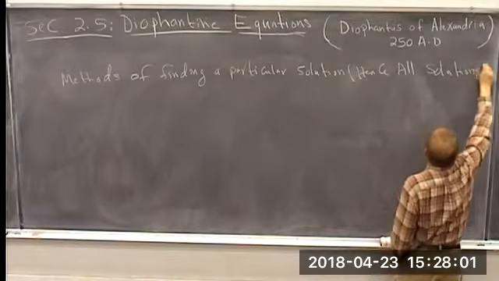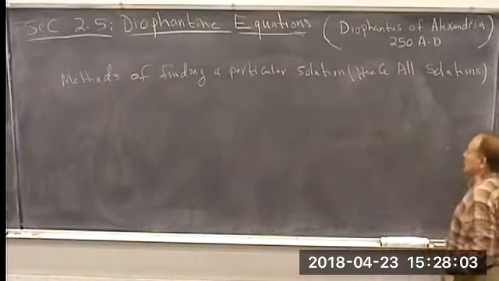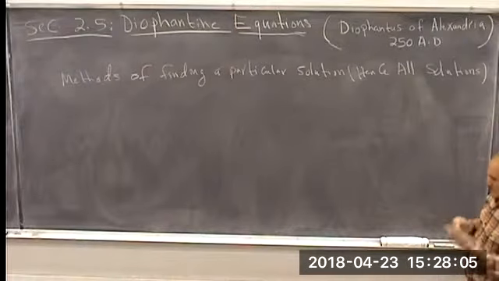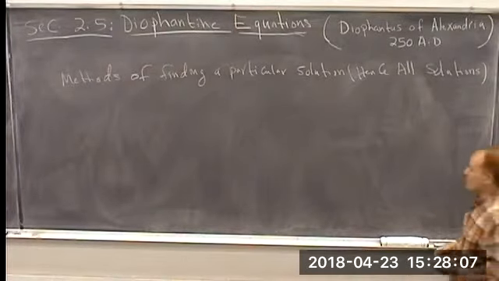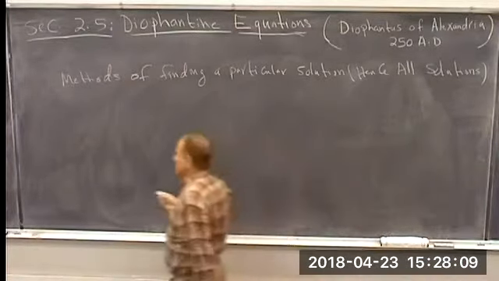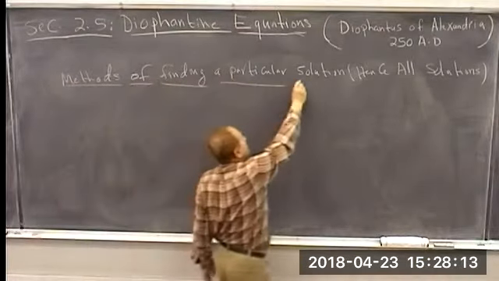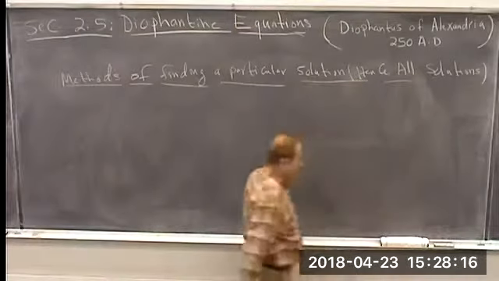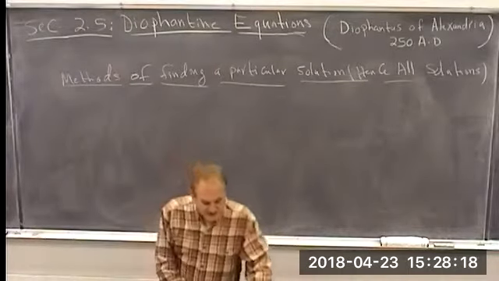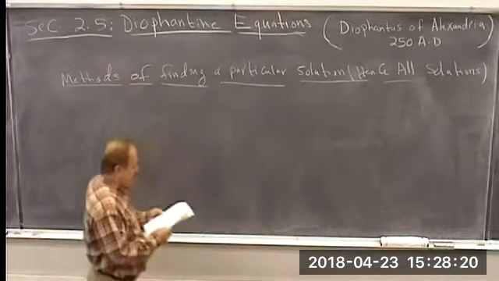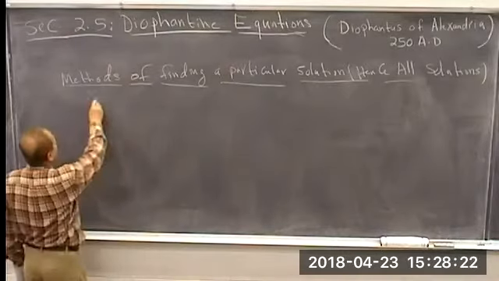Some of these methods actually are going to give us all the solutions altogether, and some of them give us a particular solution, and then we can find all the solutions. Regardless, we will always be finding all the solutions. So let's just start with this one. Okay, so we're going to look at some examples.